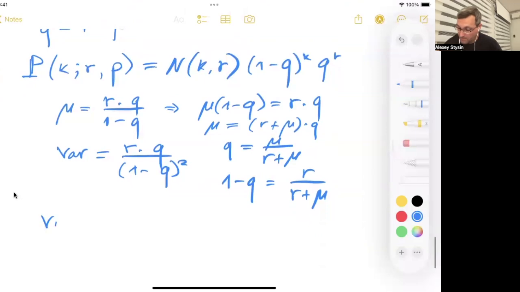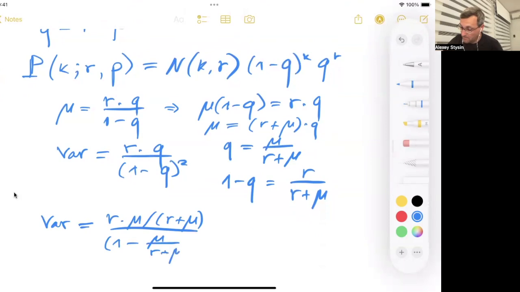And now we can also see that the variance is going to be, let's just substitute, R times mu over R plus mu. And here in the denominator, we're going to have 1 minus Q squared, which is R plus mu squared over R squared.